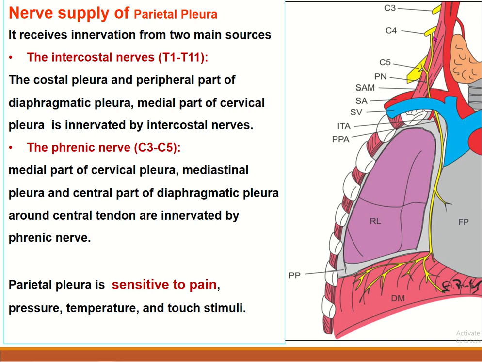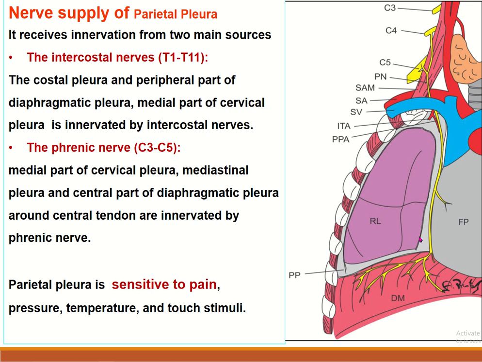This is the phrenic nerve, which arises from the cervical plexus. Root value is cervical 3, 4, 5. They descend in between the pericardium and the mediastinal surface of the lung.